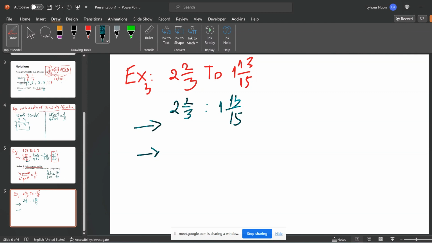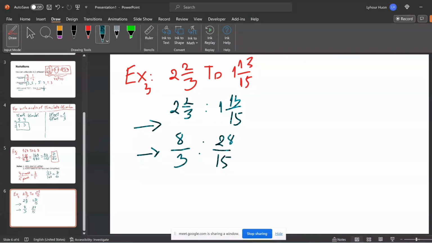Turn them into fractions. The first one is 8 over 3, colon, 28 over 15. Yes, 28 over 15.